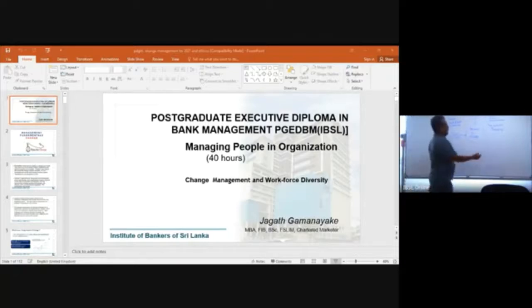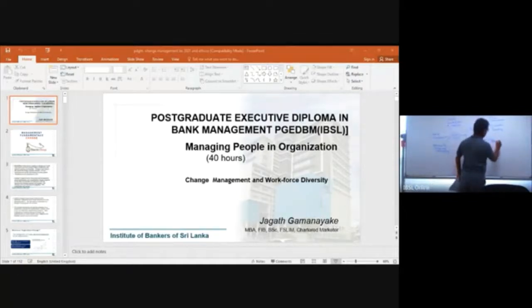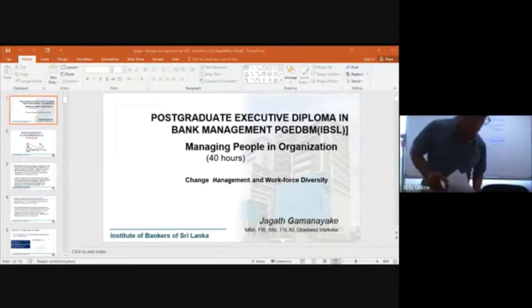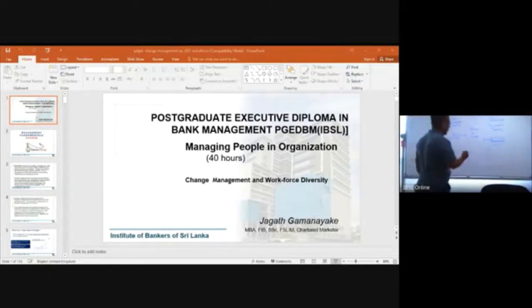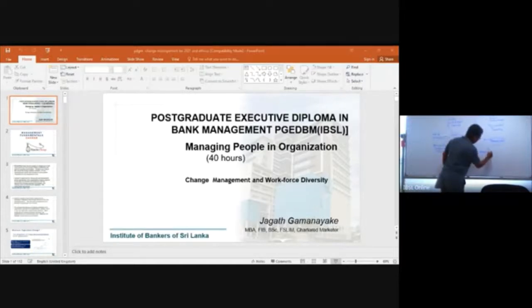Another factor, the third, is personal factors. Now, what are these personal factors? Personal factors can contribute through implied criticism of current working methods.